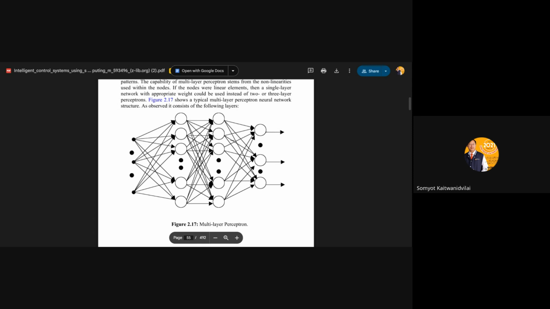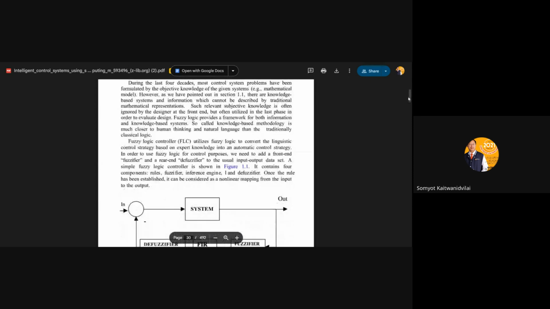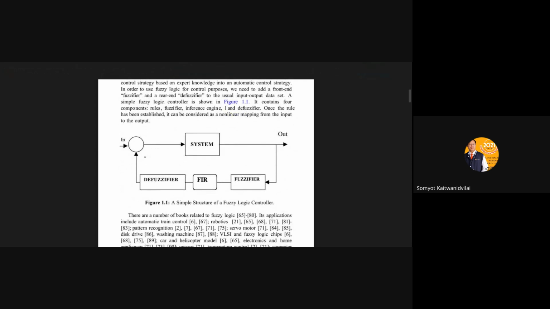Now you know you have to study neural networks, and the next topic is fuzzy logic. You know, when Professor Zadeh proposed fuzzy logic, many people were against him at that time. He was a lecturer and professor at Berkeley, and he said that the systems in the world are not like PID control.